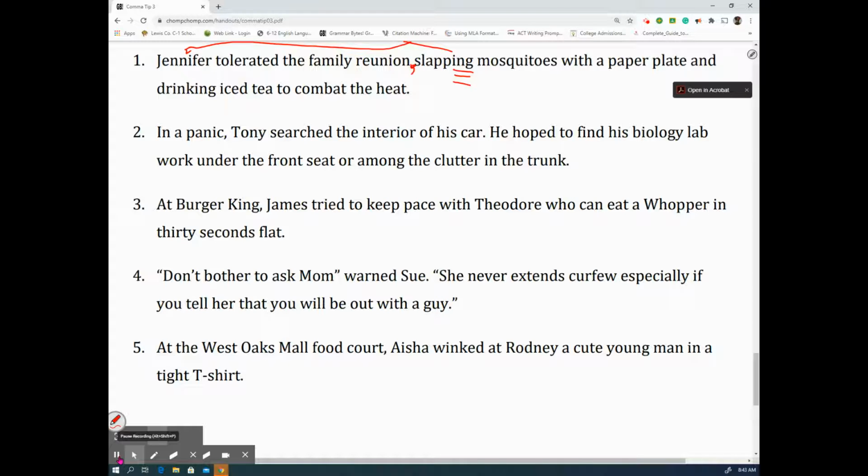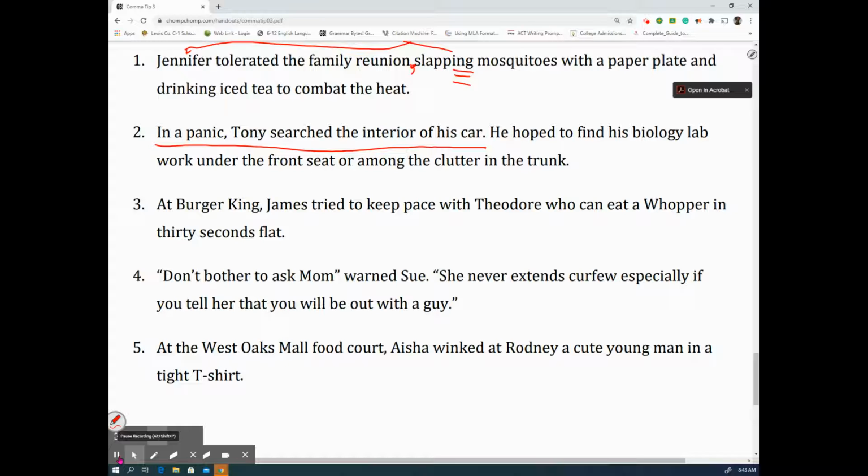You don't know. Okay, so let's take a look at this. Let's just look at the first sentence here. In a panic, they stuck a comma there that they may or may not have needed. Tony searched the interior of his car. Okay, what does this sentence tell you? What does it boil down to? He lost his work and he was searching his car for it. Hold on a second. Let's focus on this sentence here.